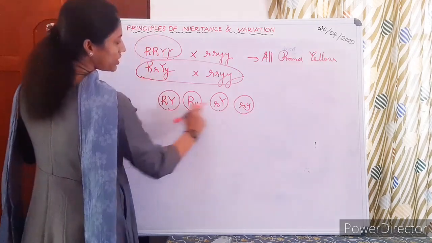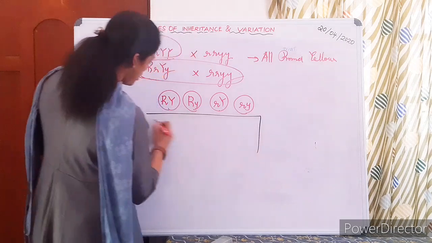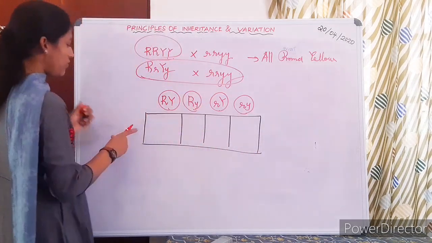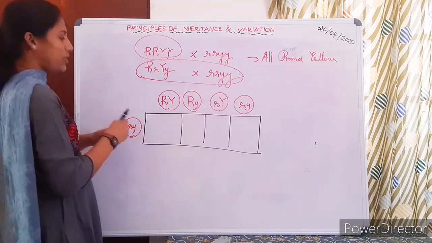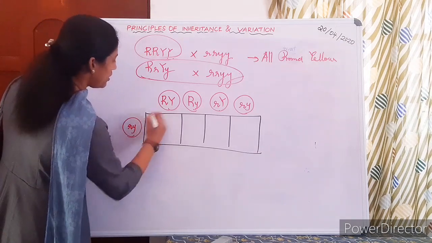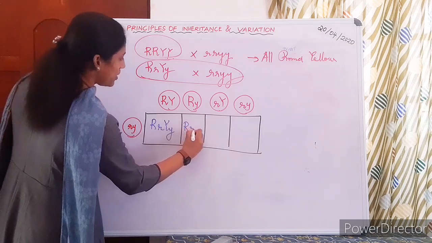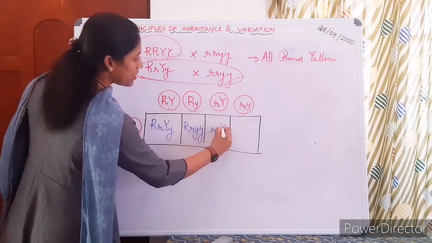Whereas the other one gives only one type of gamete, small r, small y. When we write the combination, one will be capital R, small r, capital Y, small y, capital R, small r, small y, small y. All the possible genotypes are here.